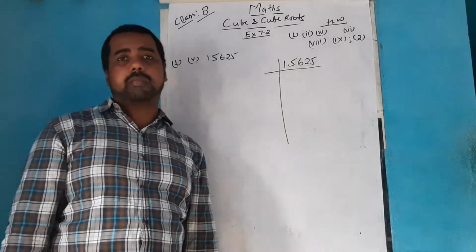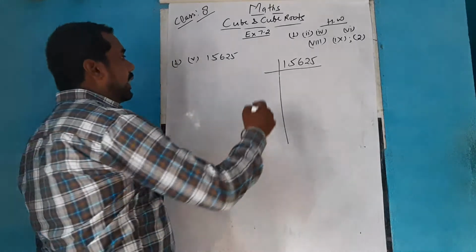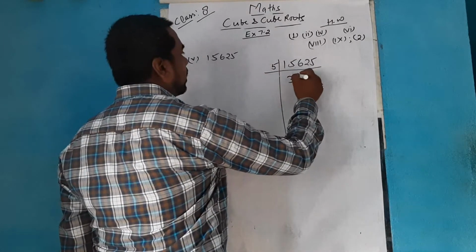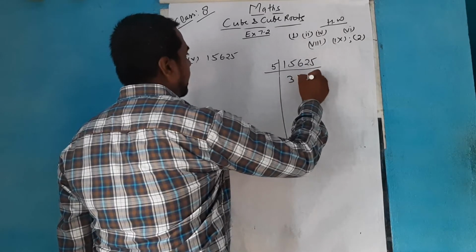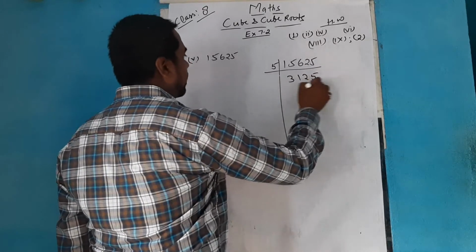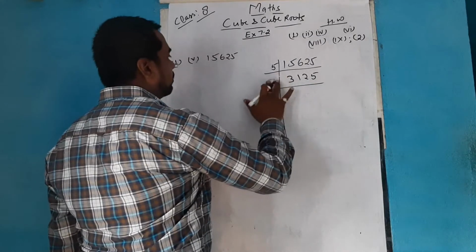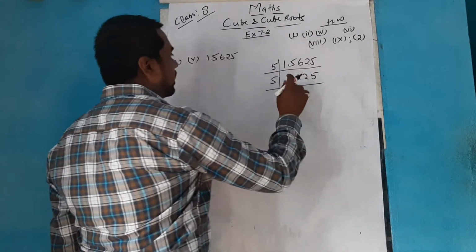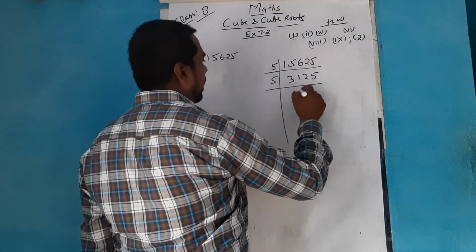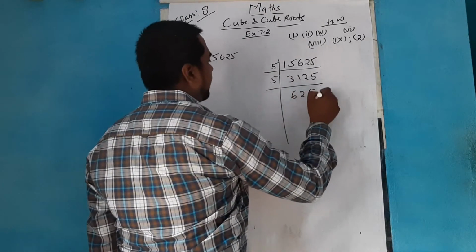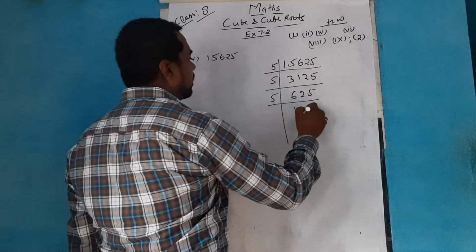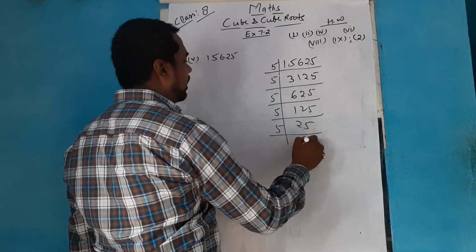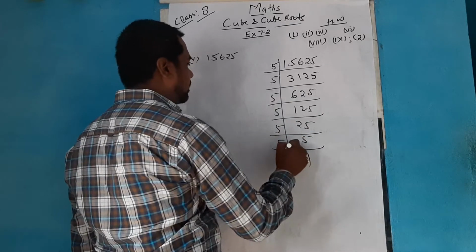So 19 is not in the table of 3, so we'll divide it by 5 only. 5 threes are 15, 5 ones are 5, 1 and 6 make 12, 5 twos are 10 plus 2 is 12, 5 fives are 25. Again by 5, 125, again 5, 25, again 5, 5, again 5, 1.